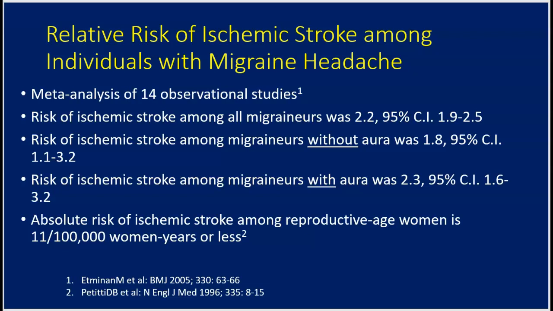Among women without aura it was still relatively high, and a little bit higher, at least in this meta-analysis, for women who had migraine with aura, such that the calculation was that the absolute risk of ischemic stroke among reproductive aged women is about 11 per 100,000 women years. And again, this is data from a different study done by Petitti back in 1996.